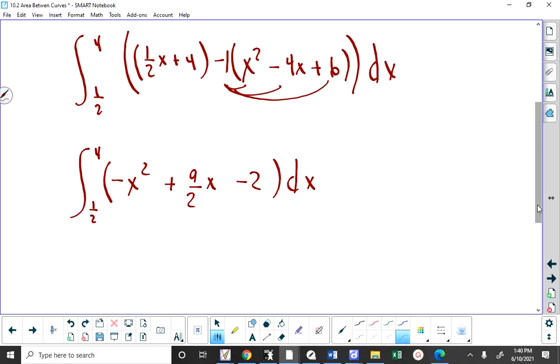So are we satisfied with the algebra there? I'm not seeing a lot of people nodding, so I'm not sure if you're with me on this or not.